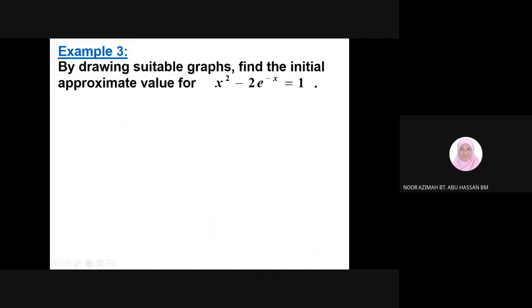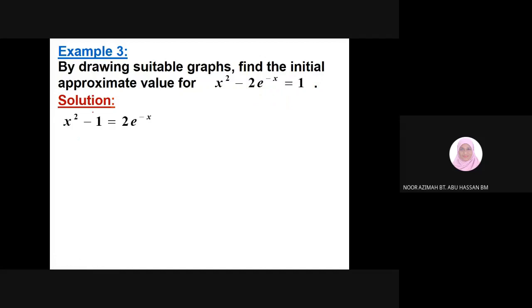By drawing a suitable graph, find the initial approximation value for the given function here. Still, the given equation is a complicated function to be sketched, so make it up into two simple functions. What I will do here is bring 1 to the left hand side and bring negative 2e^x to the right hand side.